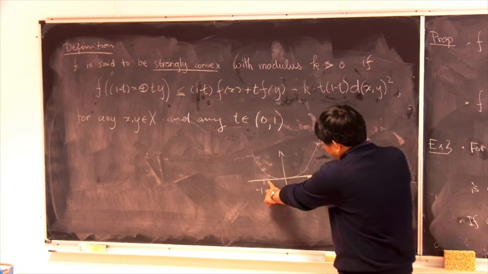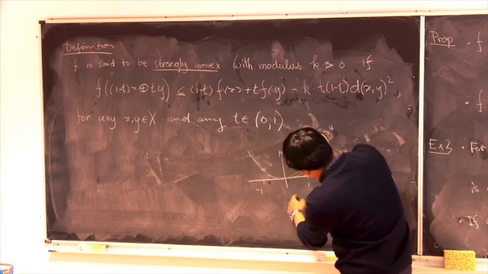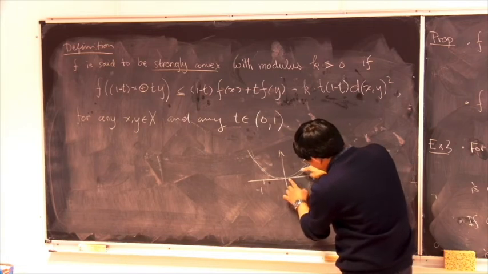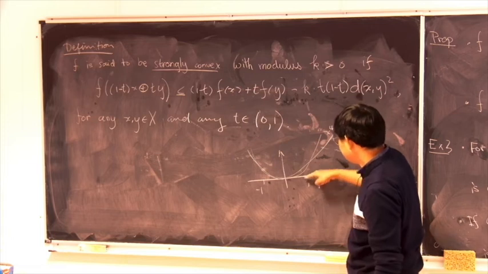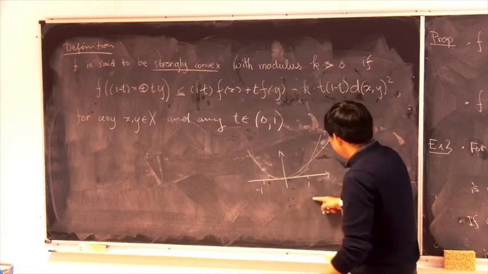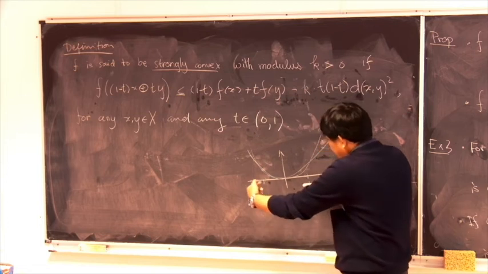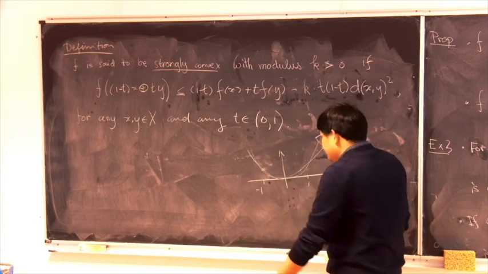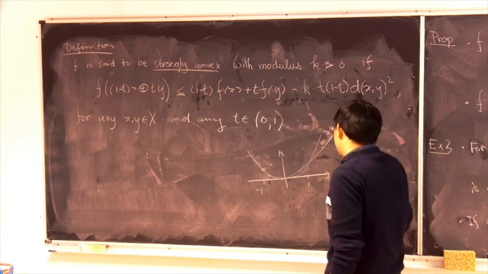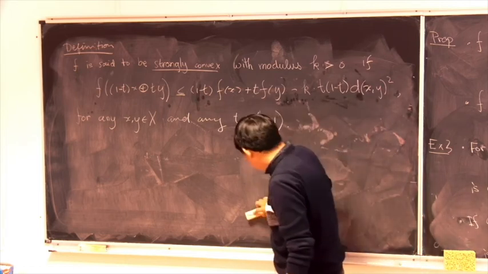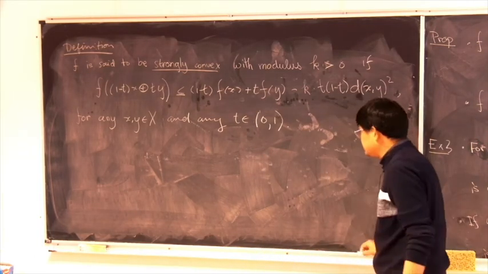Any parabola will get above this, because in this region x to the power of 4 is very, very flat. It's flatter than any choice of parabola you choose. So that's about strongly convex functions.